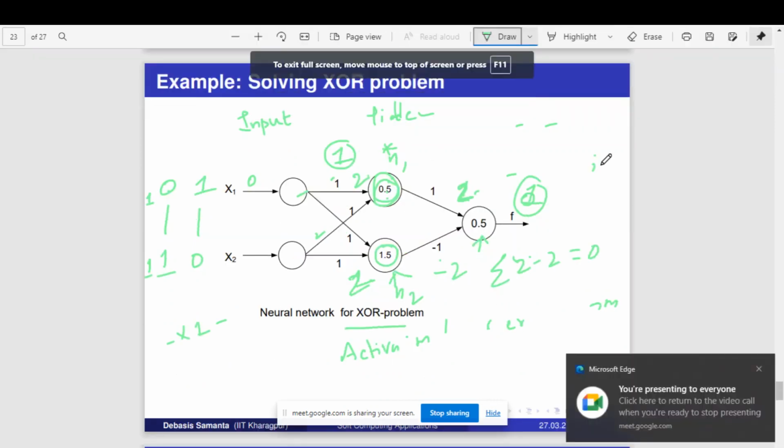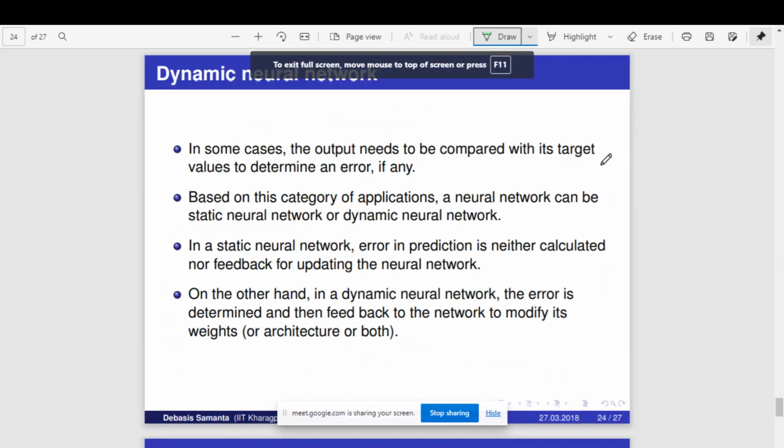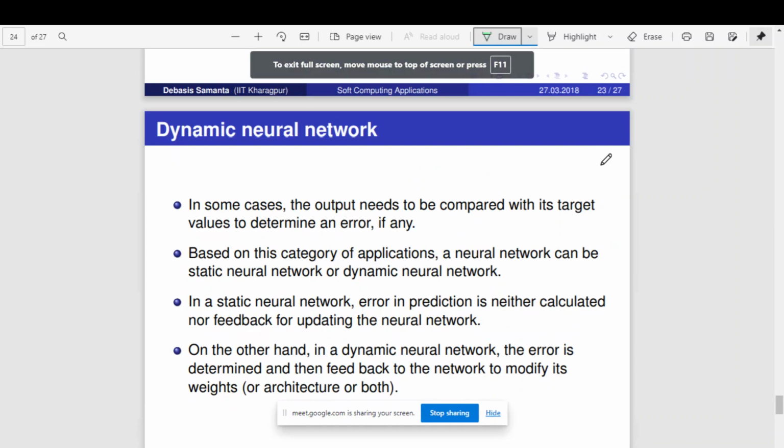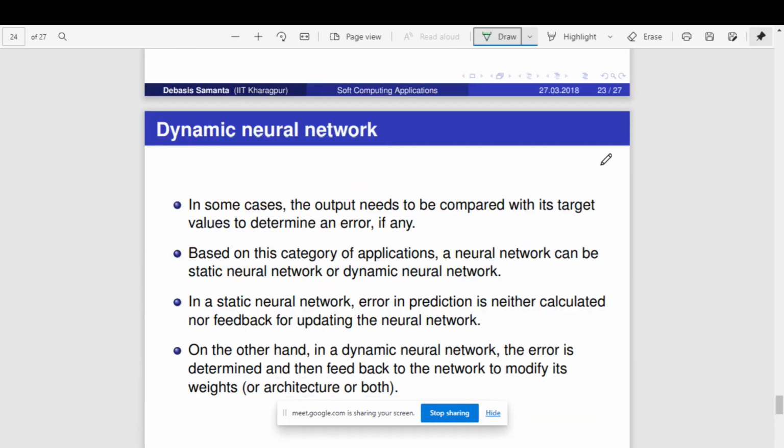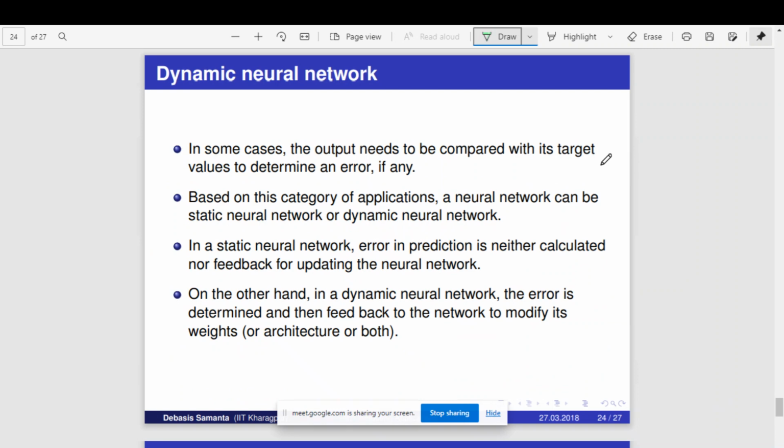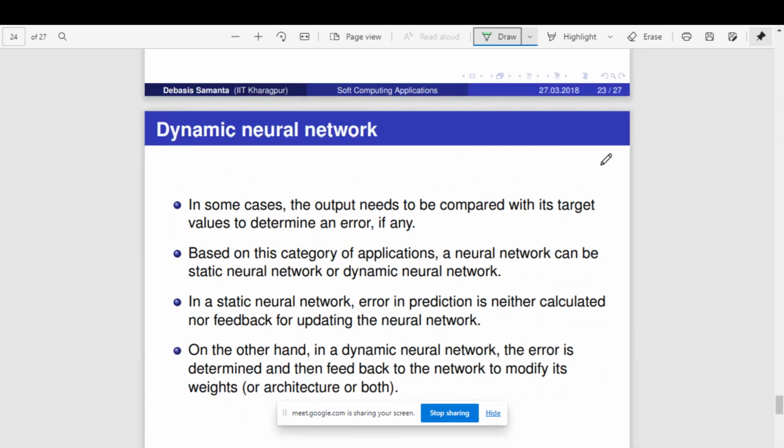Fine. So what we are trying to say is, if the data points are not linearly separable, then we should go for neural networks with multiple layers, right? Or we have to go for a recurrent neural network.